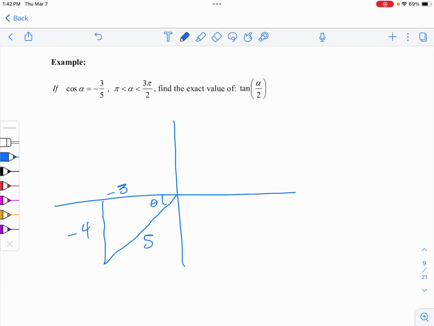And then other big note, you guys might already know. Is the hypotenuse ever negative? No. Okay, the hypotenuse is always positive. Remember, it represents a distance. Okay, so the hypotenuse is always the positive value. Okay, good. So I have, oh, sorry, I'm calling this alpha, not theta. All right, so I have my triangle for alpha.